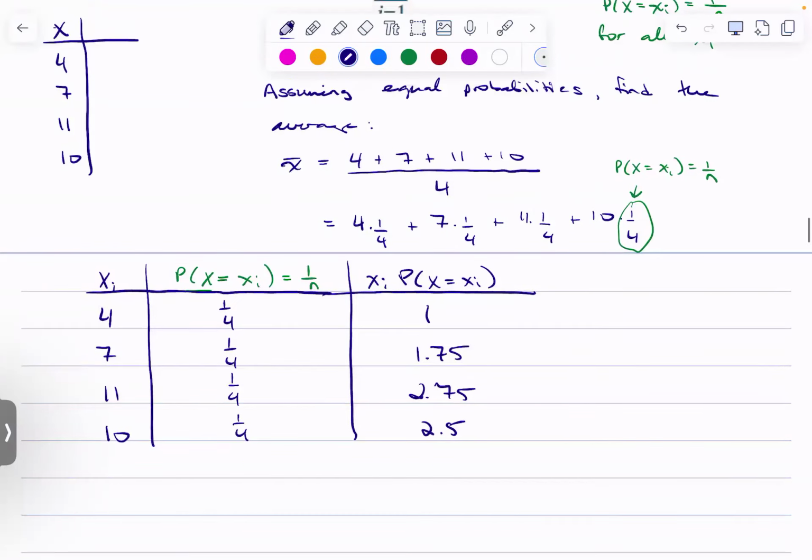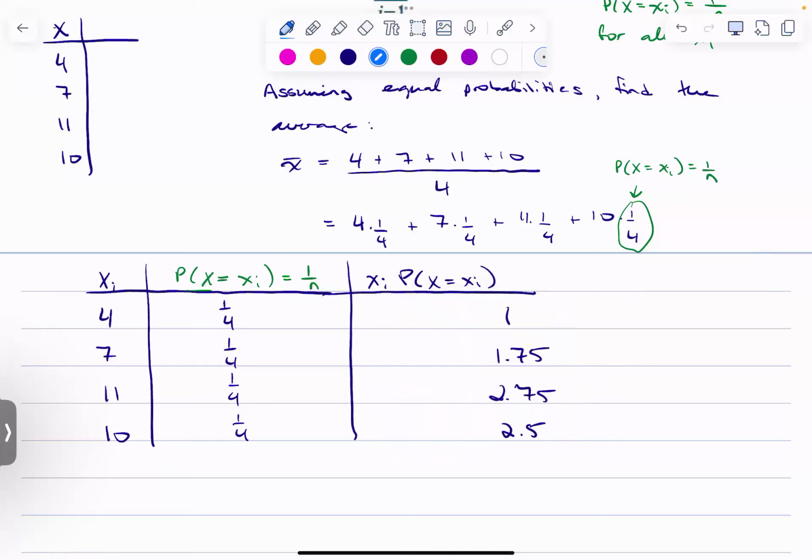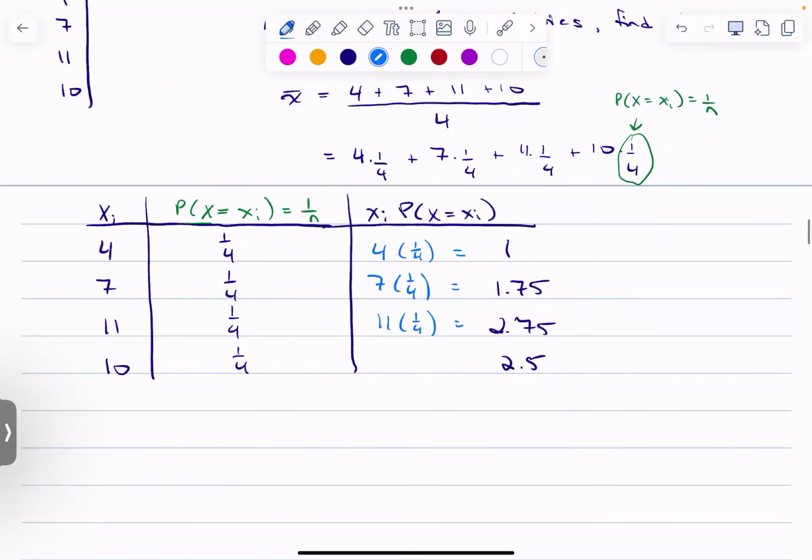Sorry, guys, I should show my work here. 4 times 1/4, 7 times 1/4, 11 times 1/4, and 10 times 1/4.